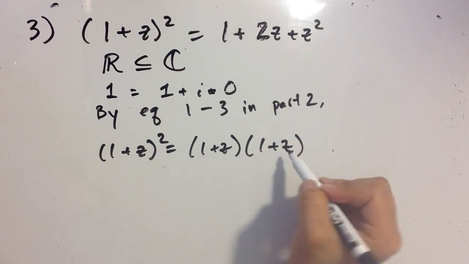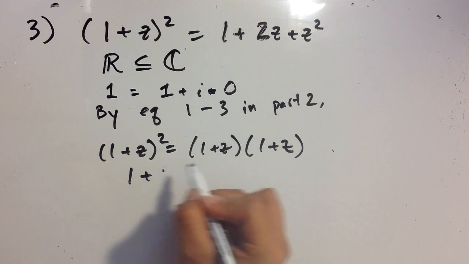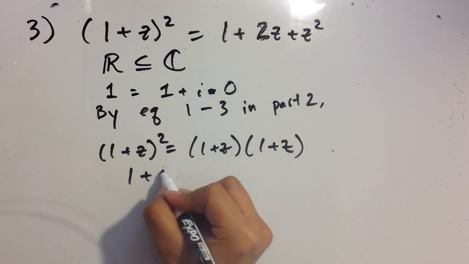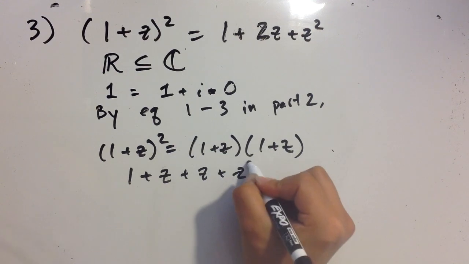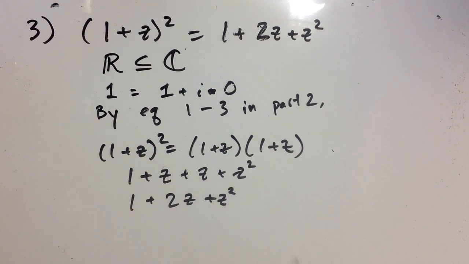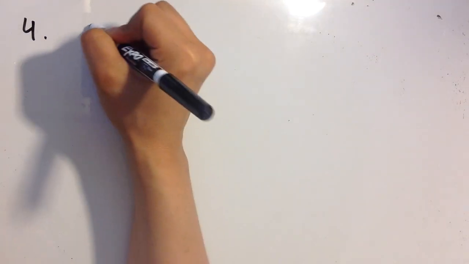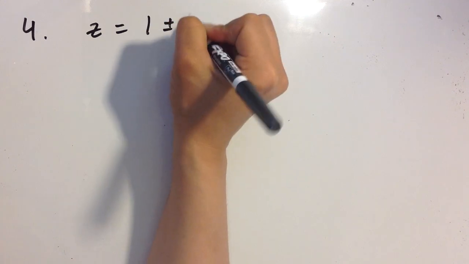Then we can multiply everything out to get 1 plus z plus, then z times 1 is z, plus z squared, which is just going to be 1 plus 2z plus z squared.